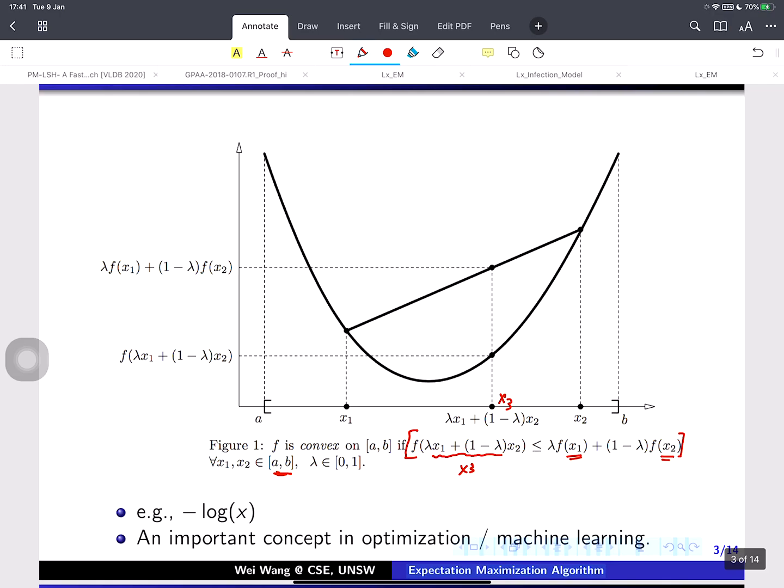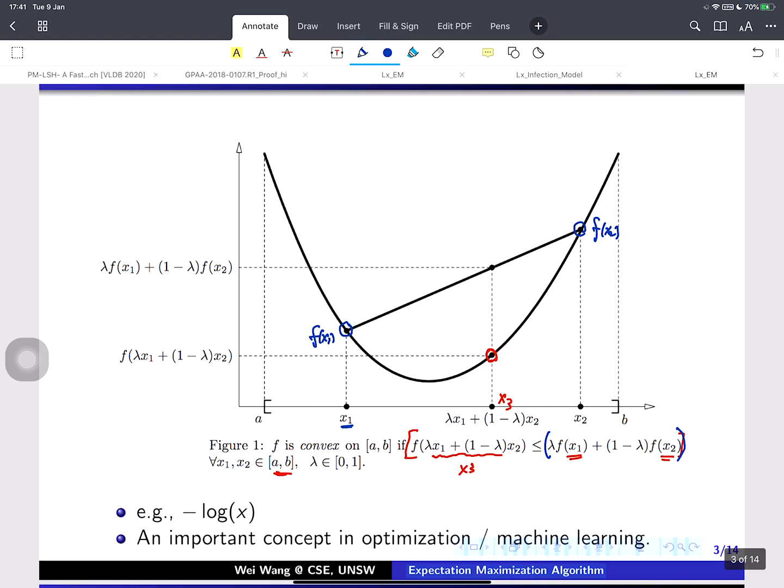The convex function essentially says the function value at x3 is smaller than or equal to this expression. The expression has a very intuitive geometric meaning. This is x1, so this is f(x1), and this is f(x2).